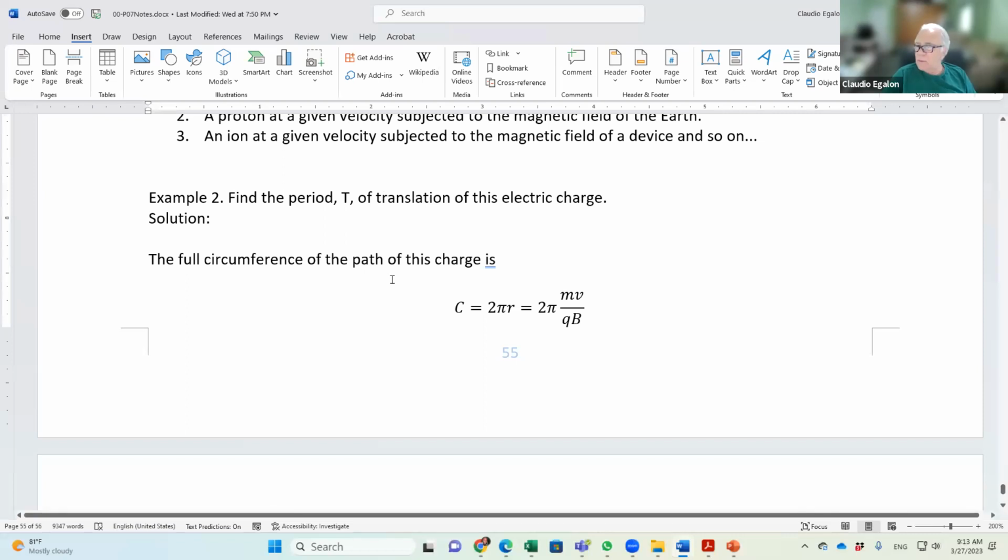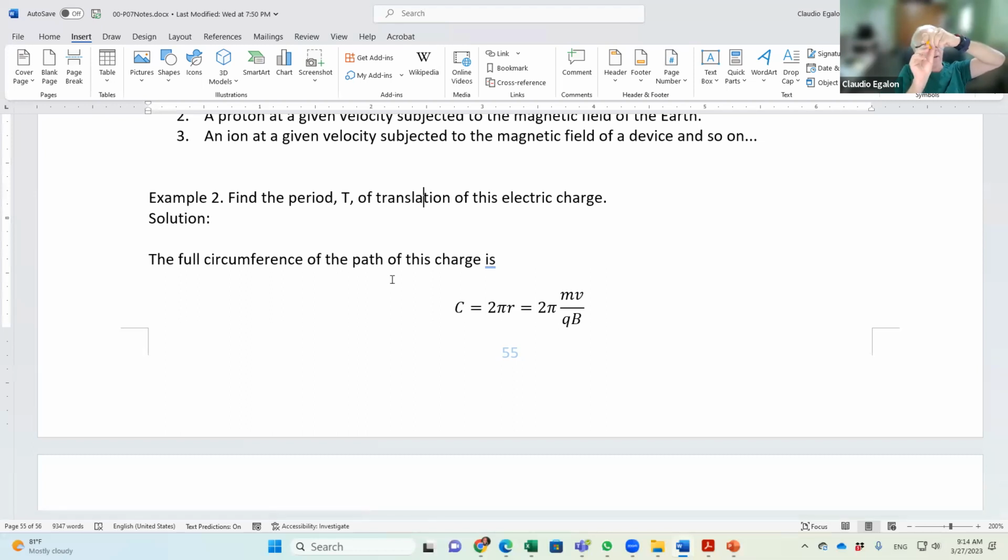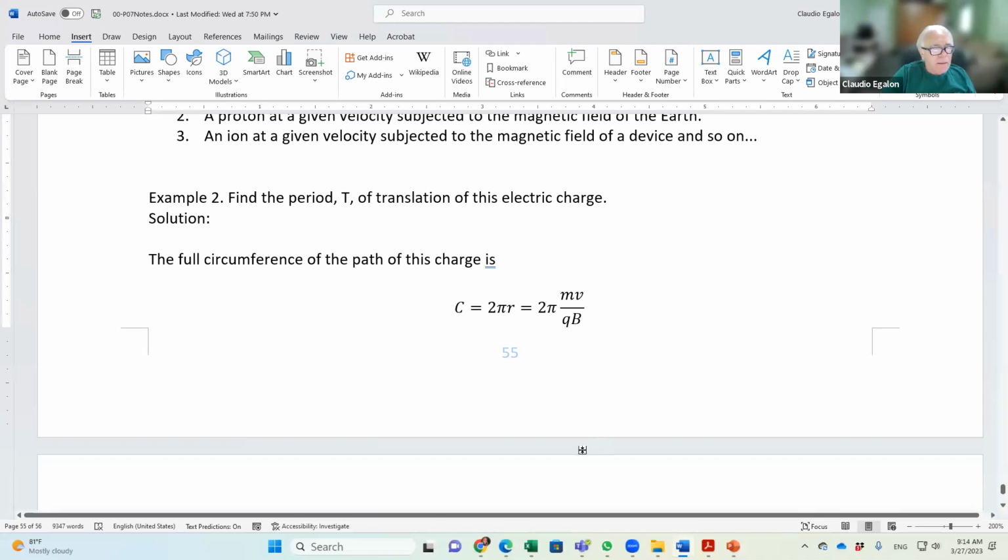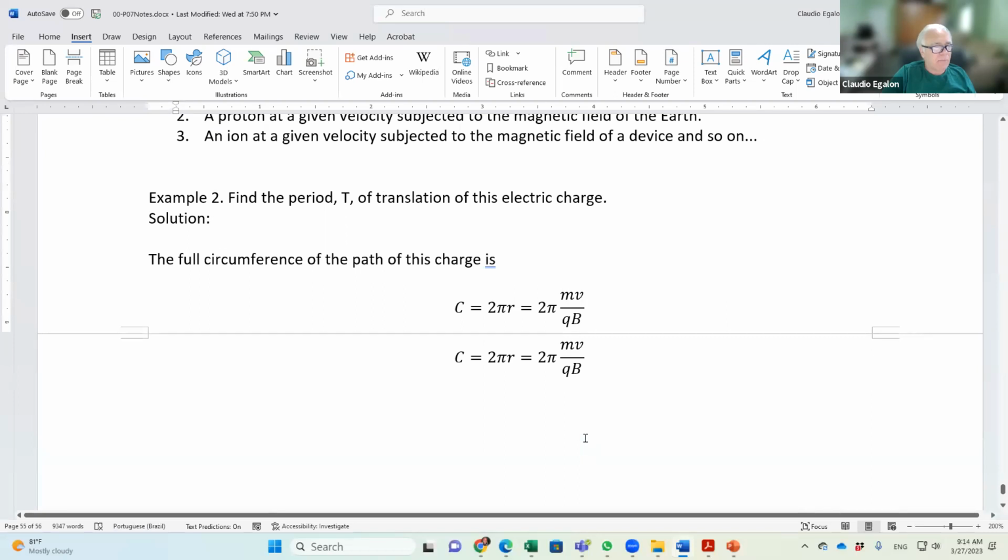Rotation implies that the particle is rotating around its own axis, which is not the case. The particle is rotating about the center of the circle. What's the period of this translational path?